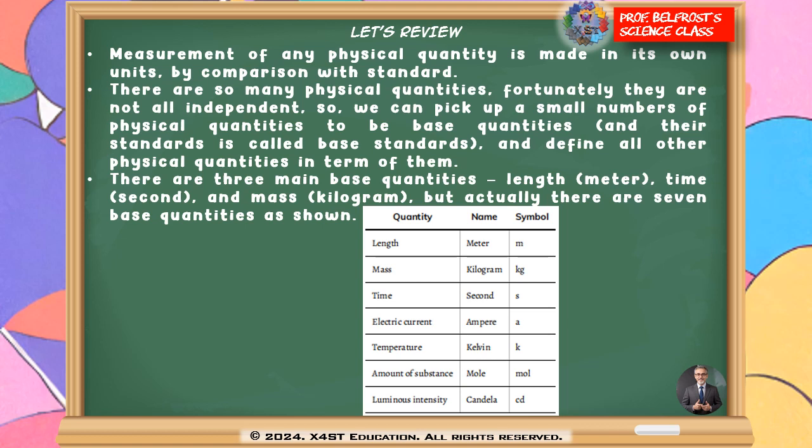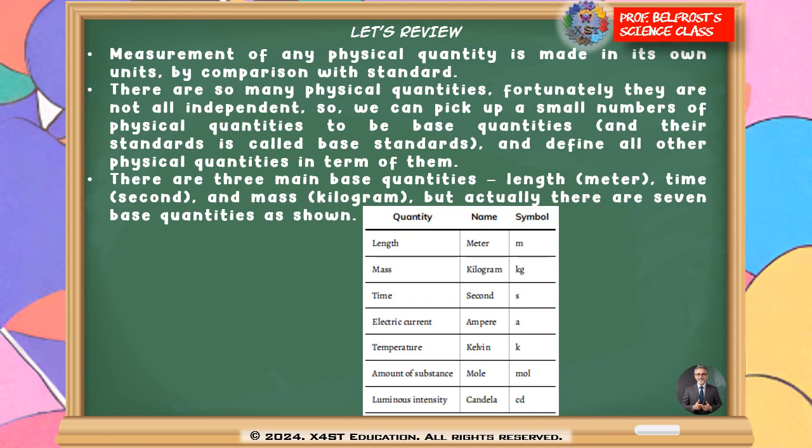So in SI units, there are seven physical quantities applied as the base quantities, namely length, mass, time, electric current, temperature, amount of substance, and luminous intensity, with symbols m for meter, kg for kilogram, s for second, A for ampere, K for Kelvin, mol for mole, and cd for candela. But mostly we will just deal with length, time, and mass.